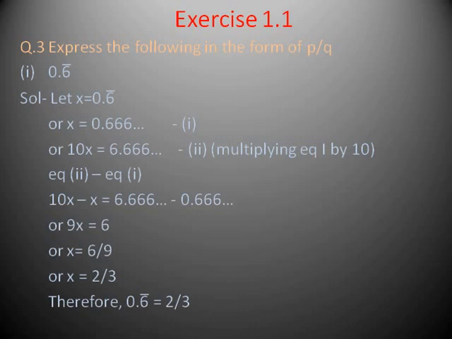So we will get 10x is equal to 6.666, and we will substitute this as equation 2. Then we will subtract equation 1 from equation 2, and then we can see here that we obtained 9x equals to 6. Thus we will get x equal to 6 by 9, and we will convert into simplest form. So it will become x equals to 2 by 3. So 0.6 bar is equal to 2 by 3.